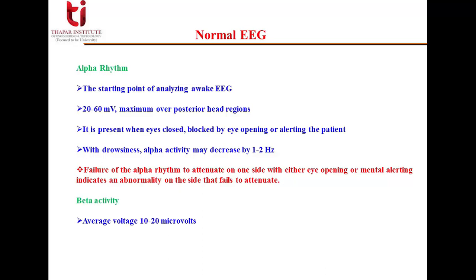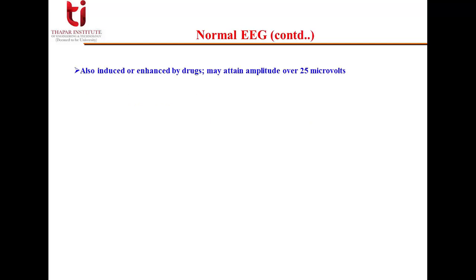Beta activity has an average voltage of 10 to 20 microvolts. It is predominantly over the anterior and central regions, and reacts to movement or touch. It is also induced or enhanced by drugs, and may attain amplitude over 25 microvolts. Often it is enhanced during drowsiness or in the presence of a skull defect.